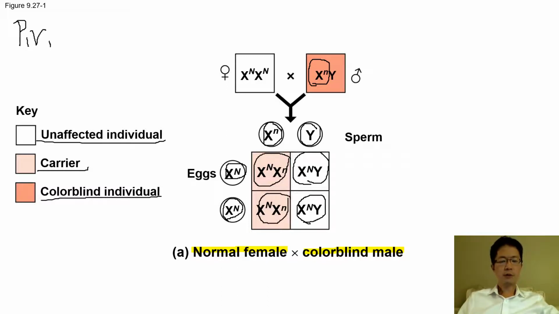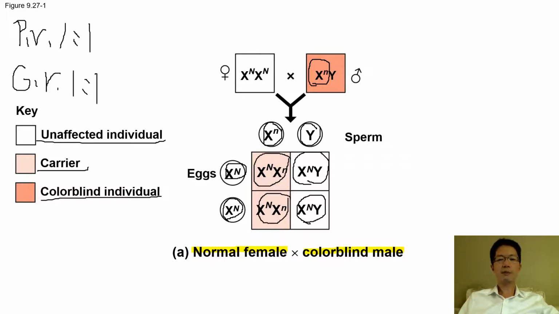So the phenotypic ratio will be 50-50% or 1:1. What about the genotypic ratio? As you can see, the carriers are heterozygous, so it will also be 1:1. This is for all children.